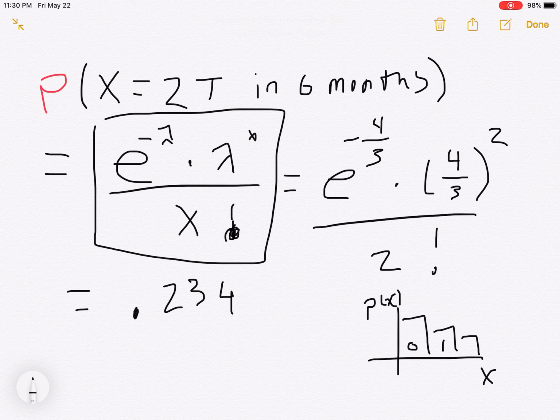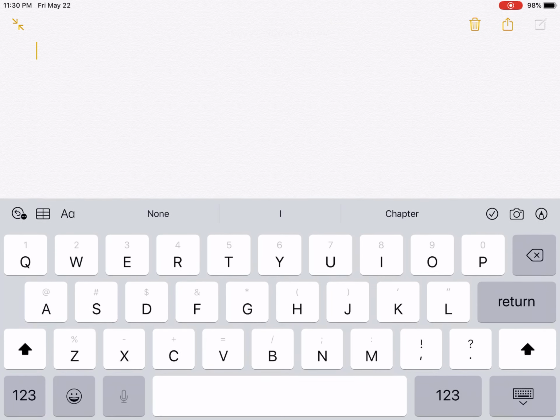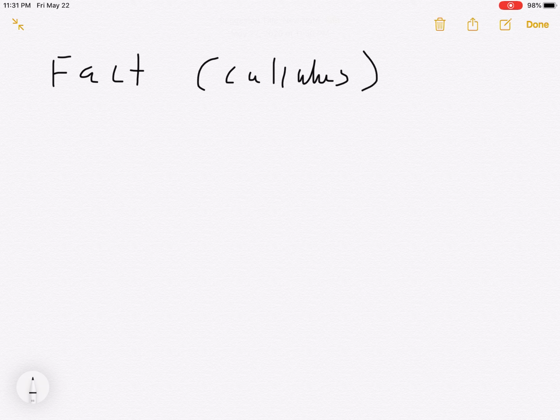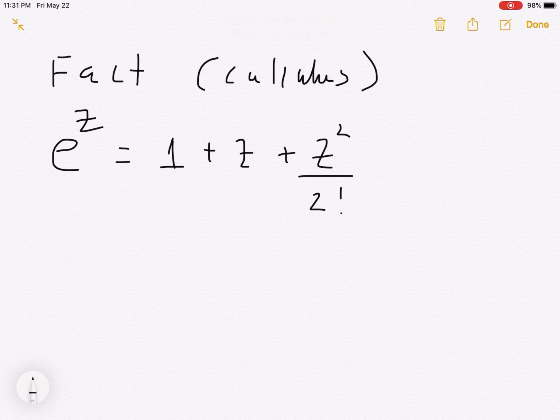Before I end, I want to go over one last thing, which is calculating the mean in the moment generating function. So here's a fact, and this is from calculus, and that's e to the z is nothing more than 1 plus z squared over 2 factorial plus z cubed over 3 factorial, and so on.